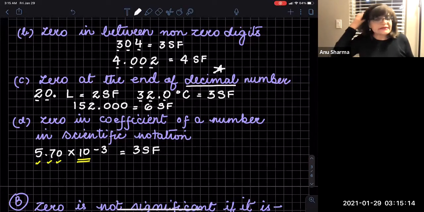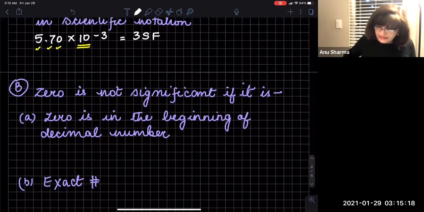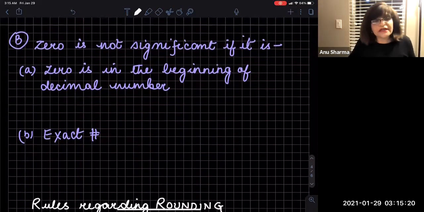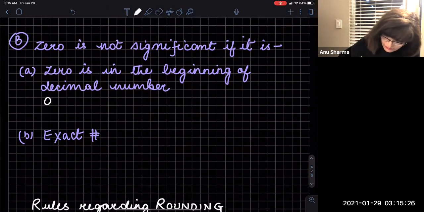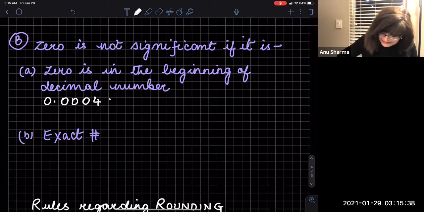Okay. Next we are going to look at when the zero is non-significant. So in what cases is zero not important? The zero that is at the beginning of a decimal. So 0.0004. Let us say this is the number, and this is, let's say, 0.0004 seconds.